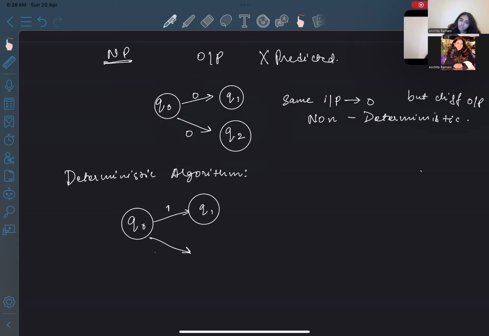Now you feed it an input 2 and you get output Q2. This is what a deterministic algorithm is. Basically, you have different inputs and you get different outputs.